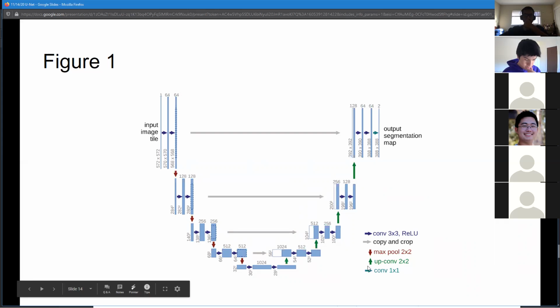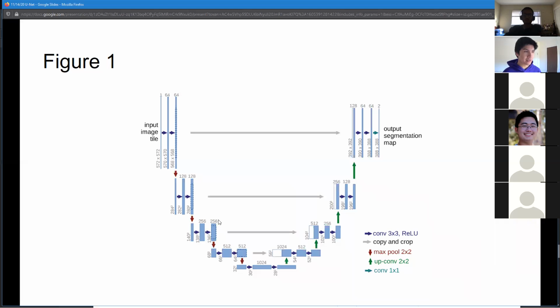So you are upsampling, but another step in the UNet is that you're actually combining it with some of the feature maps in the contracting path. That's what these gray arrows represent. So you're actually concatenating the features that you learned in this path with this.